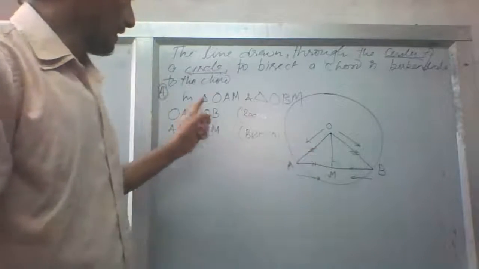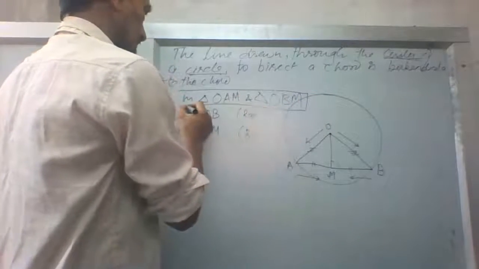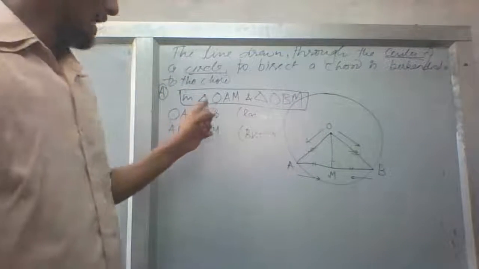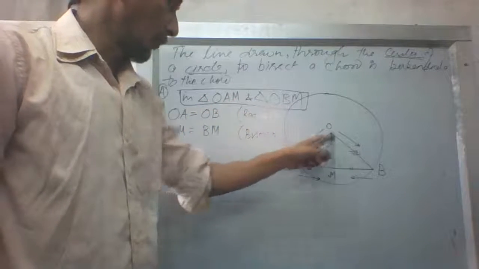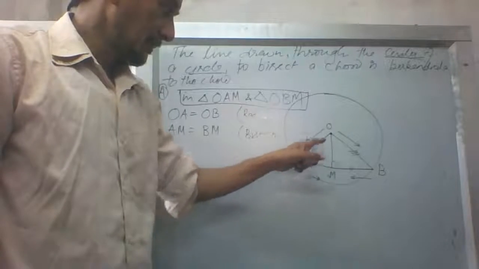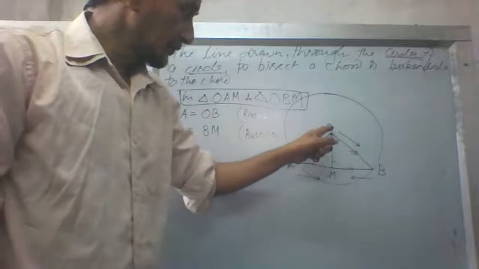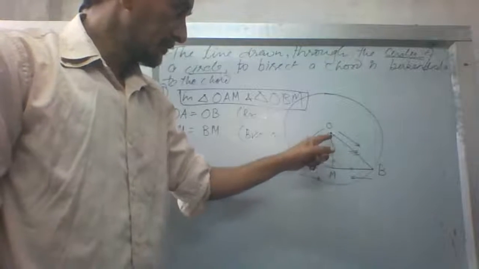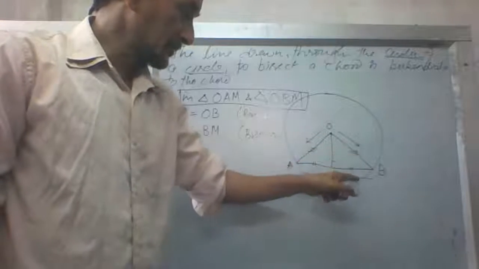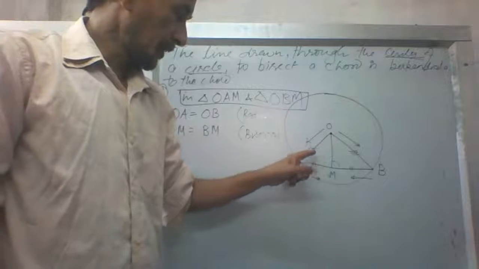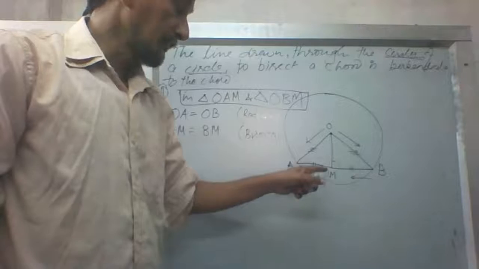Now, in this triangle, I have mentioned here, I am putting it in bracket for the sake of easiness. I have given 2 different triangles, OAM and OBM. OAM, this triangle, OBM, this triangle. Now in both these triangles, this OM is common. For this triangle, this is OM. For this triangle, this is OM. So how will we define it?